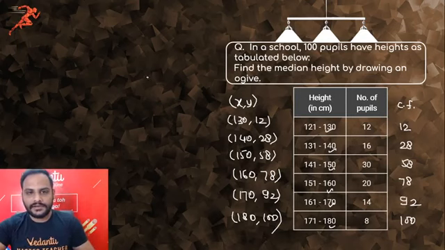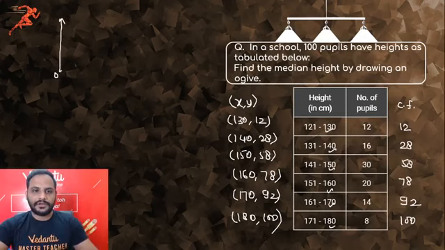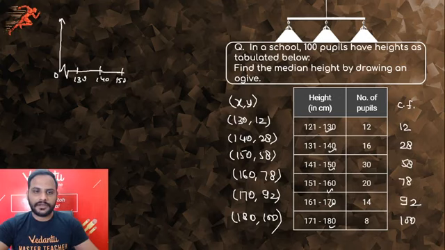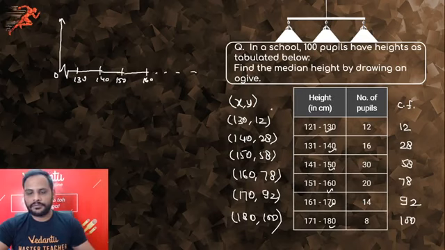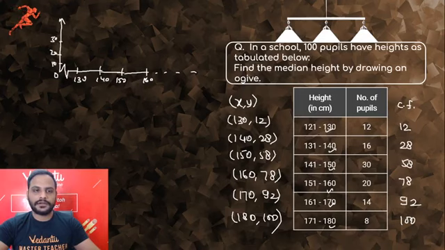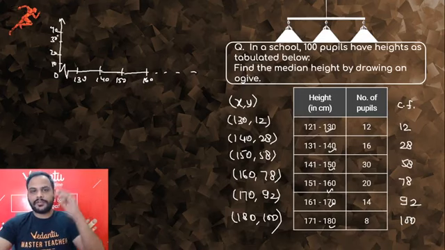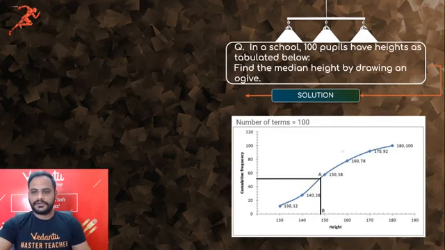On the x-axis, if I start from 0, it is better to make a zigzag and start from 130, because I need it from 130 only. Then at a gap of 10, take 140, 150, 160 and so on. On the y-axis we need to go up to 100, so take 10, 20, 30, 40 like that. This will be the best graph for you all.